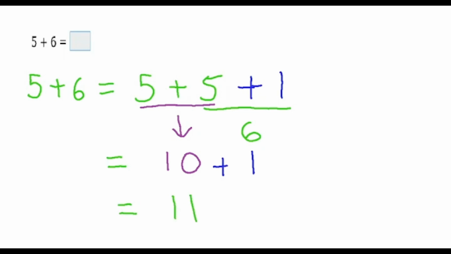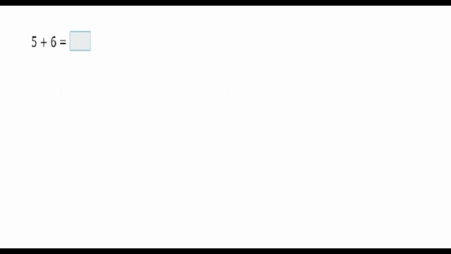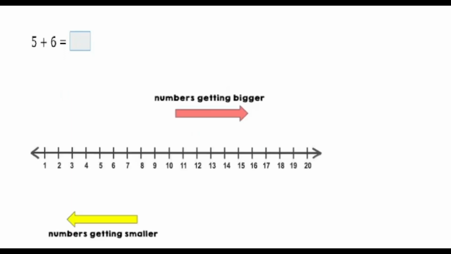If you're having problems understanding this, another way you could do it is by looking at this number line. So with this number line, you could remember when we work with number lines, we imagine ourselves at 5, and then we can jump 5 to 10 because we know how to skip count.